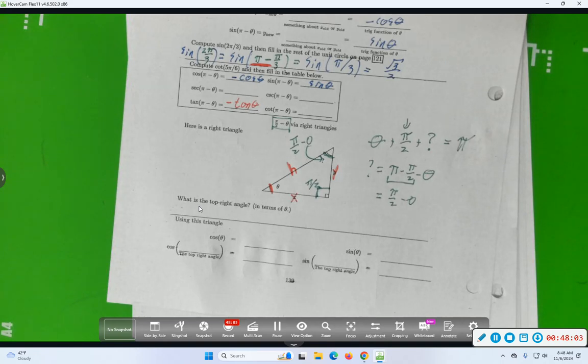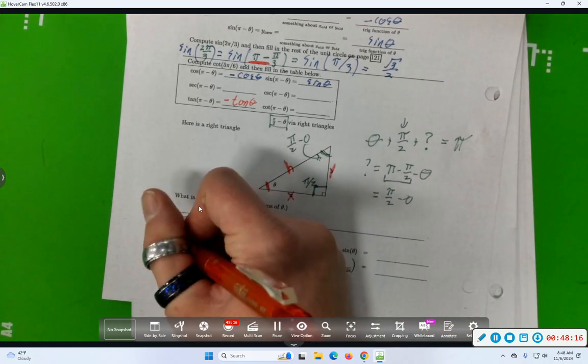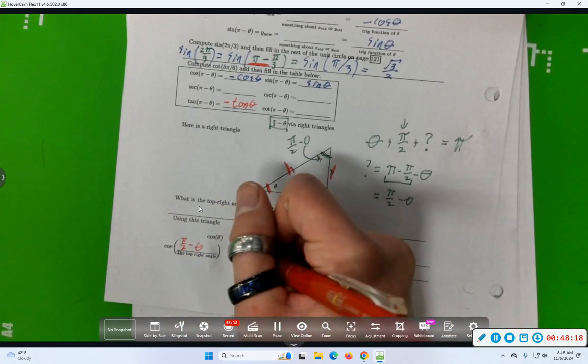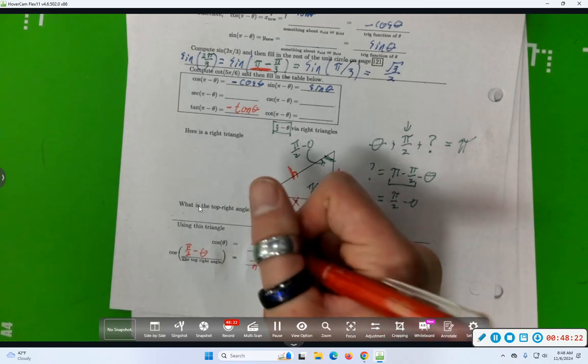Cosine is adjacent over hypotenuse. What's the adjacent side length? To theta? So you're answering something relevant. If I want pi over 2 minus theta, then it'll be y over h instead of x over h.